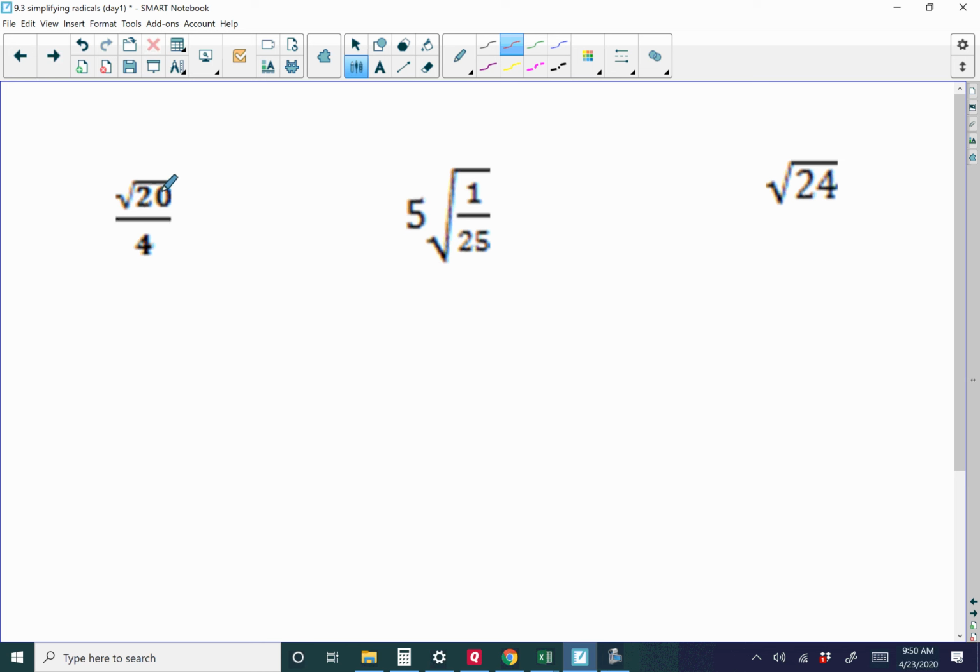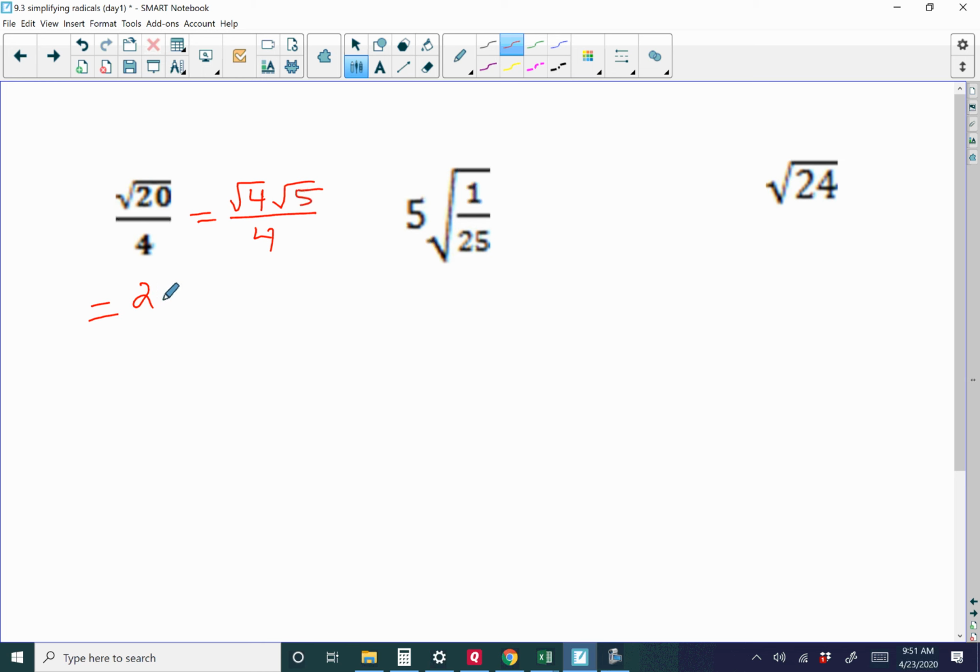All right, square root of 20 over 4. I can break that up into the square root of 4 times square root of 5 over 4. Now, square root of 4 is 2.